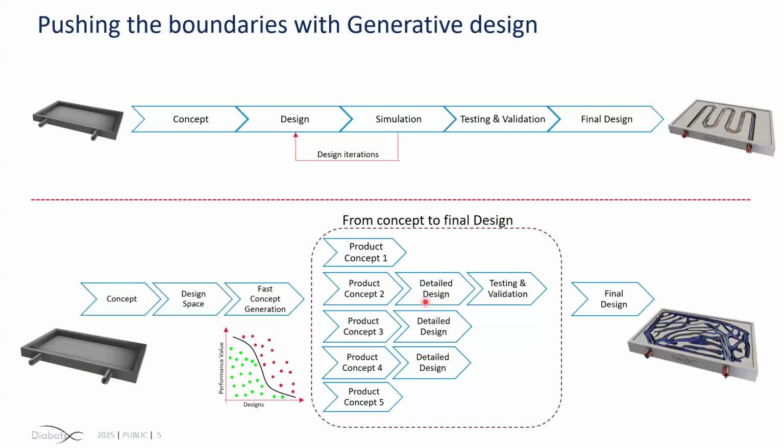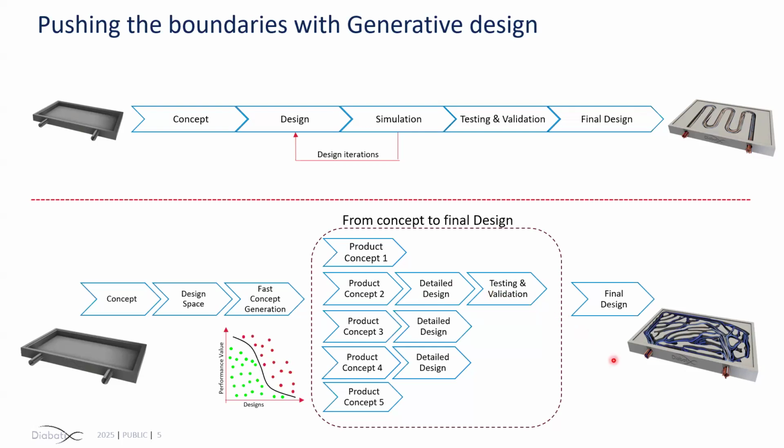So the user can take maybe 2 or 3 different ideas and transform them into detailed designs. Essentially, this can later be transformed into testing and validation, depending on the performance evaluation done on the detailed design. This is the way we are currently transforming concept design into final design.